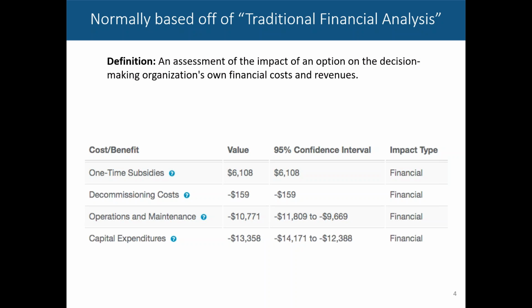Right here we've got our capital expenditure, so what it costs to invest in this GSI. We've got our ongoing operations and maintenance costs, decommissioning costs, and any subsidies. So this is really just some typical financial impacts.